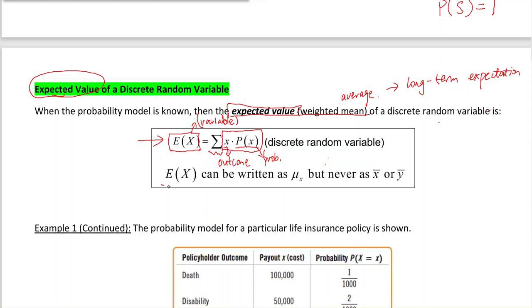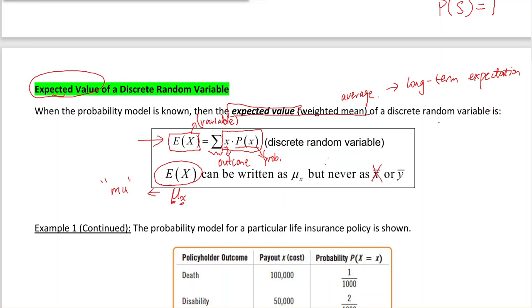Normally, we also write this expected value as mu of X, the mu. So we call this the mean or the expected value of the variable X.